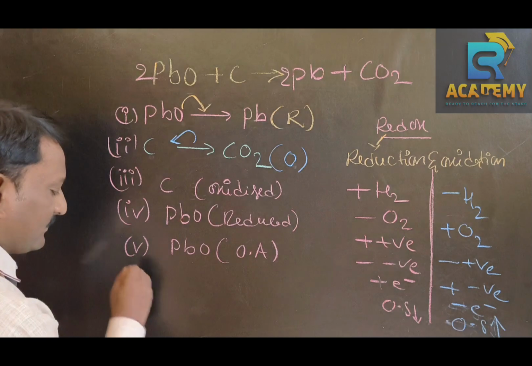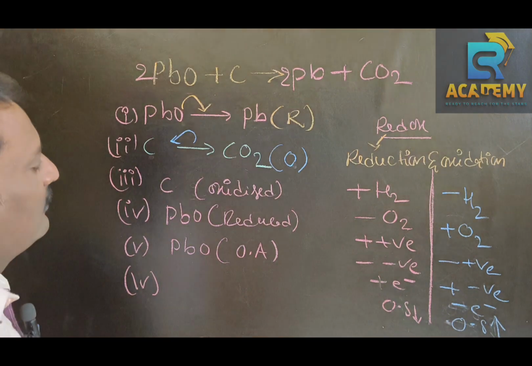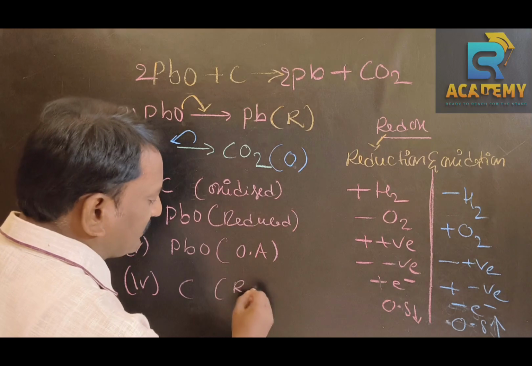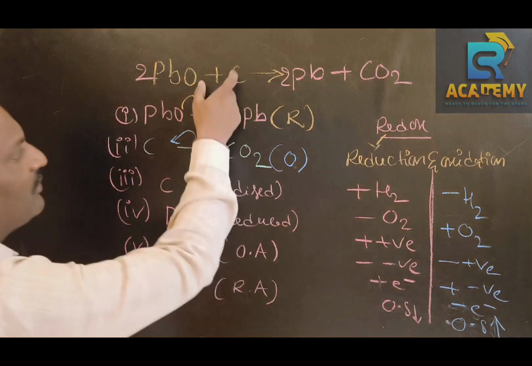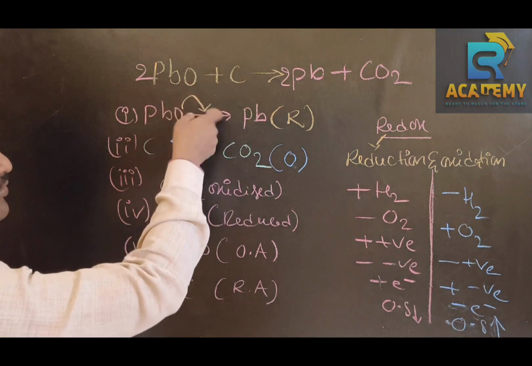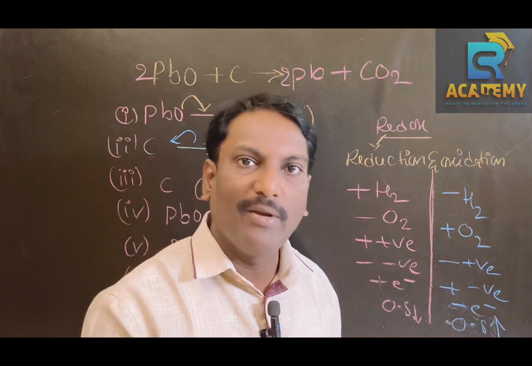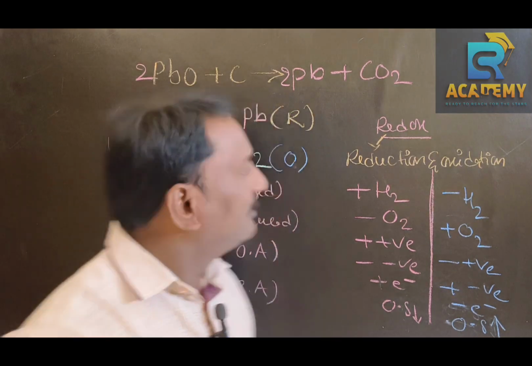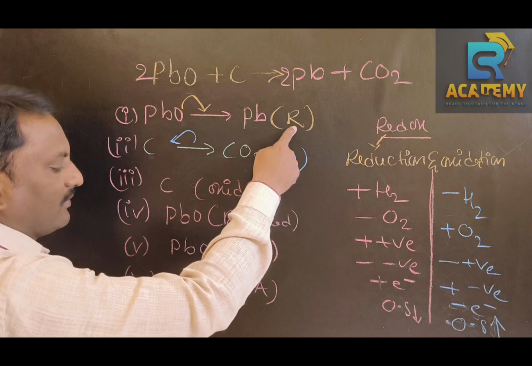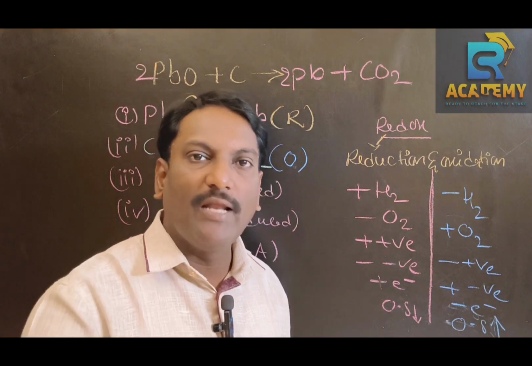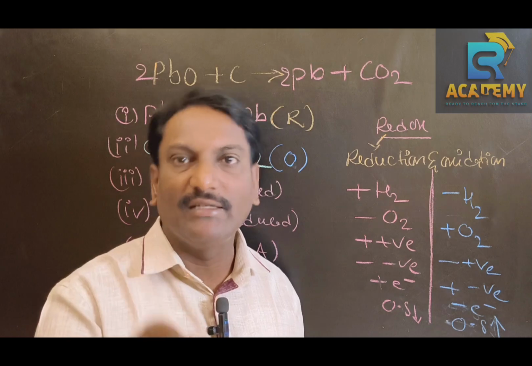Point number six. Carbon acts as the reducing agent, because without carbon there is no removal of oxygen from lead oxide. Removal of oxygen from lead oxide is called reduction. What is meant by an oxidizing agent? The substance which brings oxidation in the reaction.